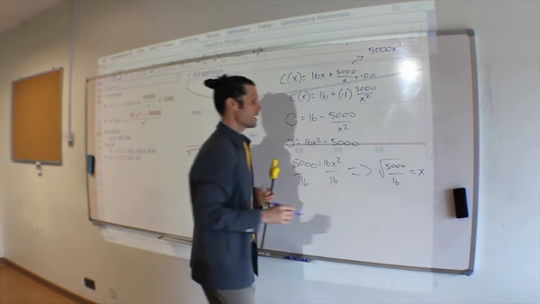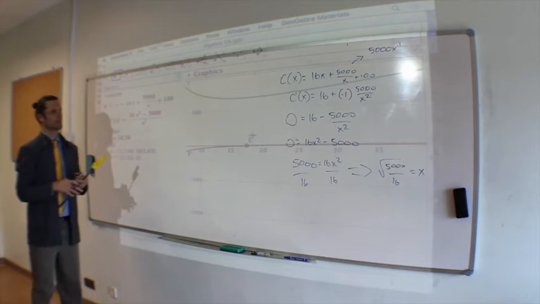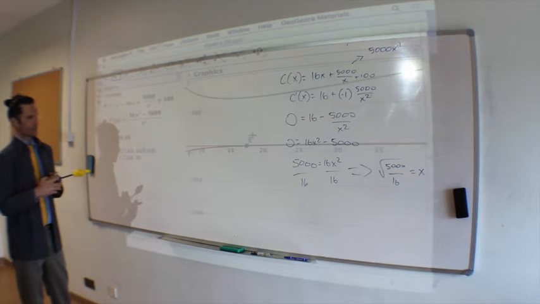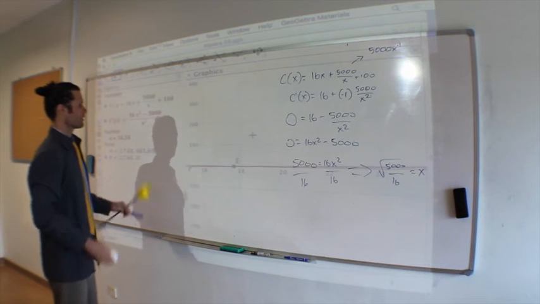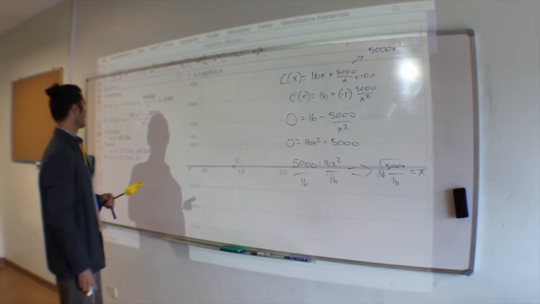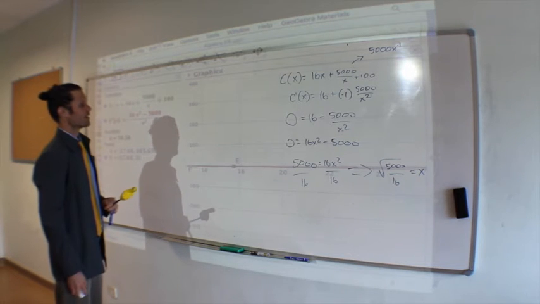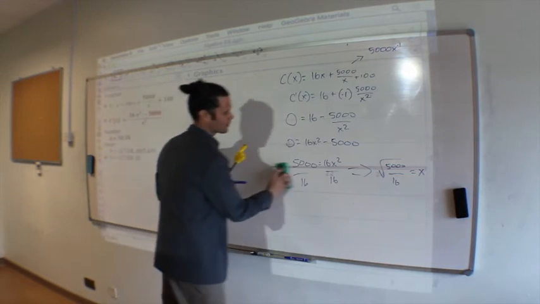And that will give us x. And magically, we get that same value. And so we can see our minimum cost is at that point, right? Our minimum cost, then we can plug x back into this function and get our cost, knowing that that's the length of x we need to get that minimum cost.